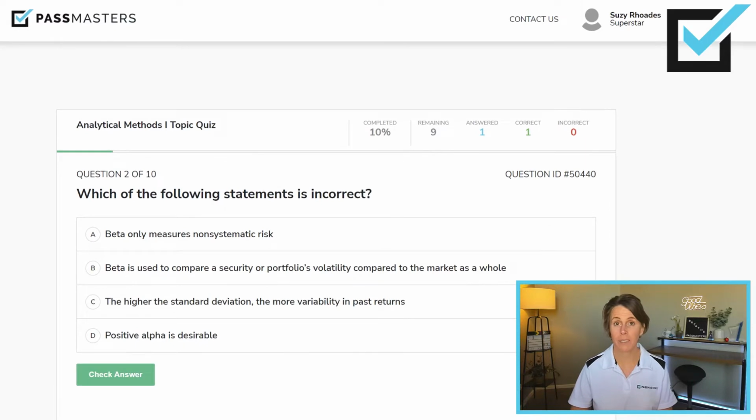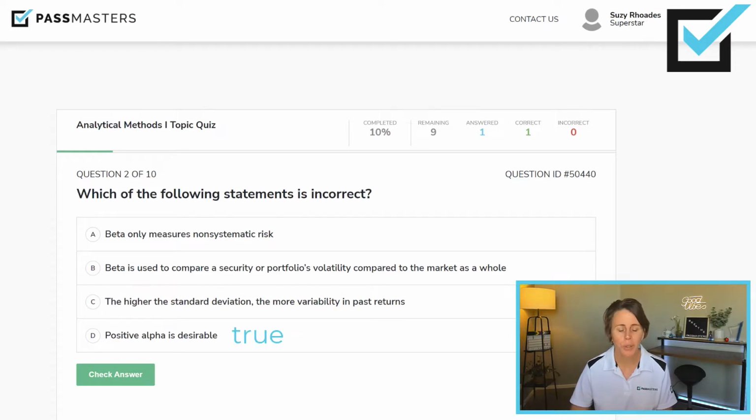Which of the following statements is incorrect? Beta only measures non-systematic risk. Beta is used to compare a security or portfolio's volatility compared to the market as a whole. That is true. The higher the standard deviation, the more variability in past returns. That is true. Positive alpha is desirable.